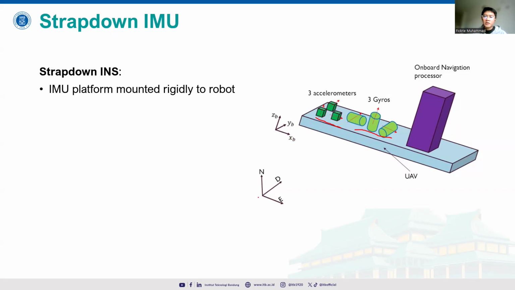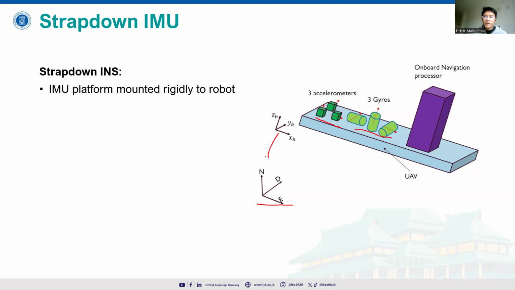So it doesn't align to the global reference frame. When the mobile phone which has the IMU moves, the IMU will follow the body frame, not the global reference frame.